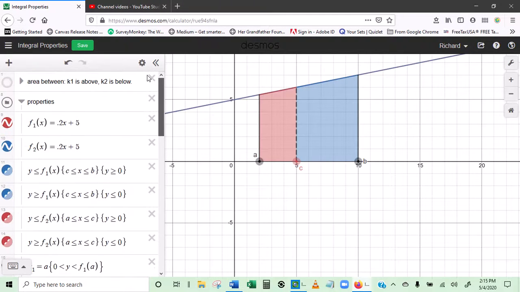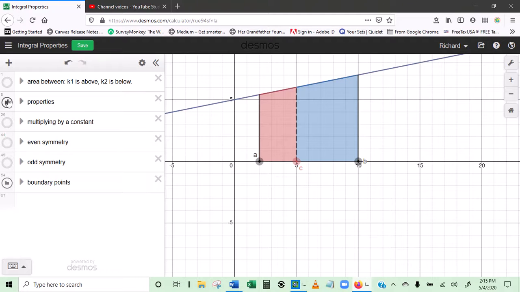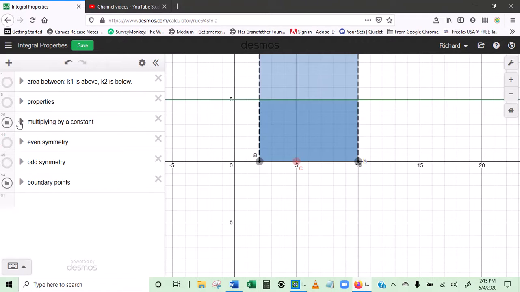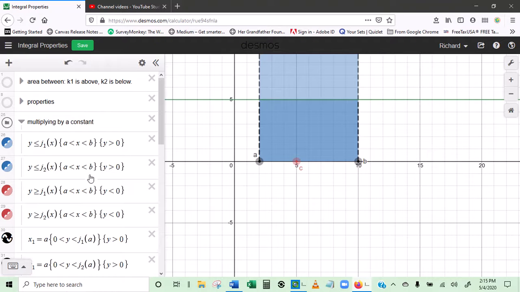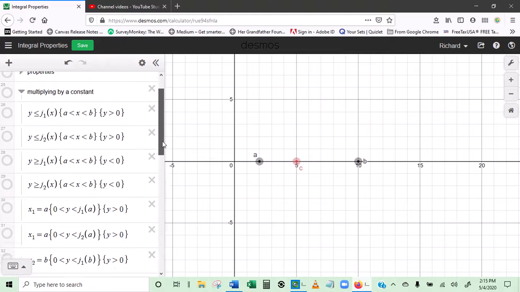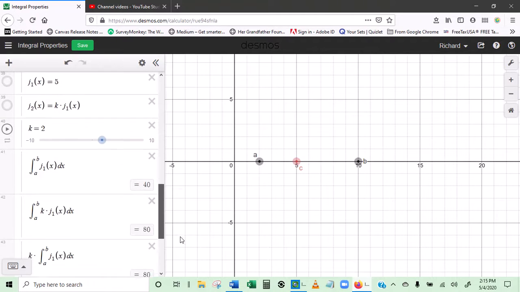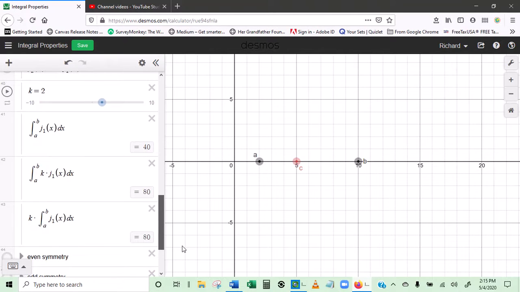Now, let me close this down and make it neater looking. Highly related to that is going to be another situation down here, and let me open up this one. And that is, if we are multiplying by a constant, okay?